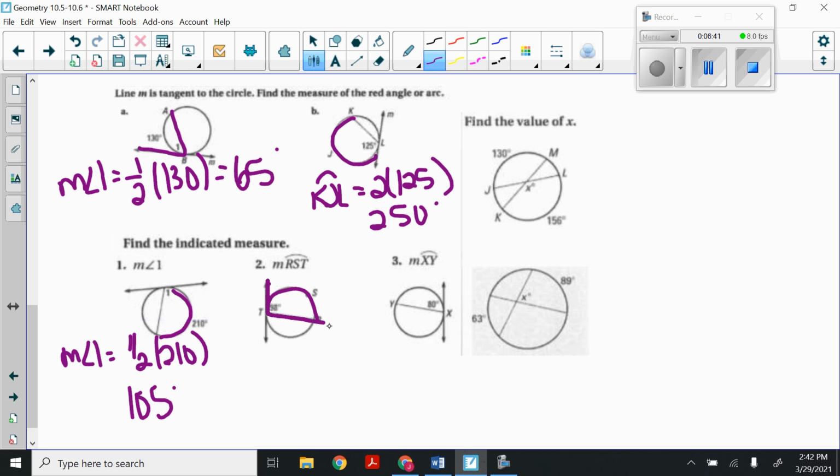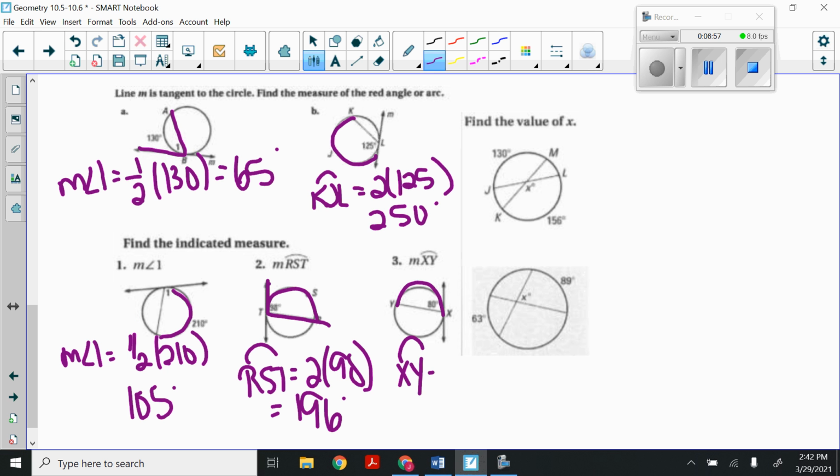I have the angle in there, so arc RST is equal to 2 times the angle of 98, so 196 degrees. And number 3, find arc XY. So arc XY, again, 2 times that angle 80, which is 160 degrees.